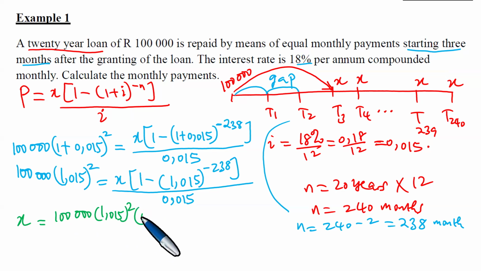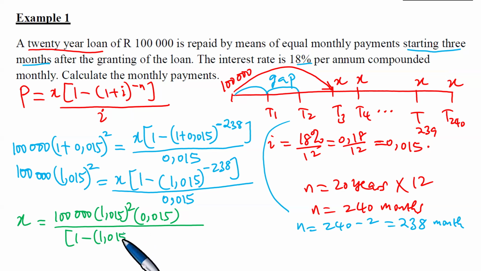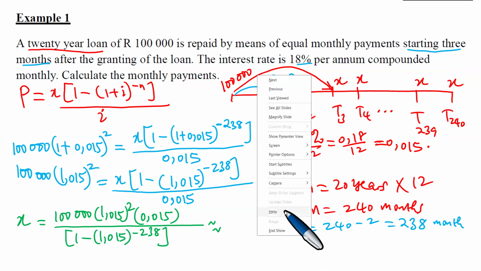If you cross multiply, it's going to be multiplied by 0.015, and it's divided by 1 minus 1.015 to the power minus 238. Okay, so this is approximately, use the calculator to compute this one.